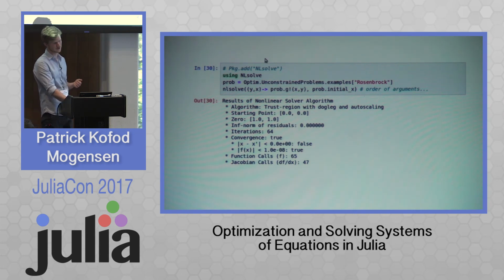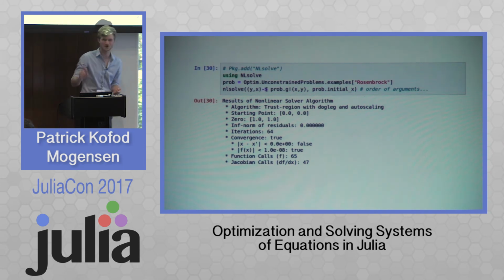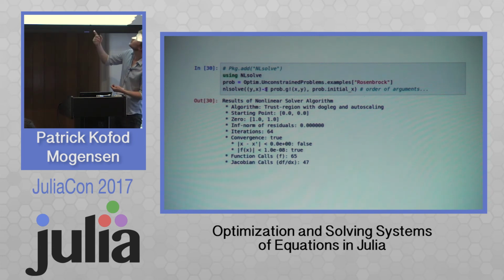We grab the problem from Optim still, and then we write NLsolve, and then, this is very unfortunate, we have to flip the order of arguments, because in NLsolve y is the current iterate, and x is the array that stores the f vector, not the gradient.